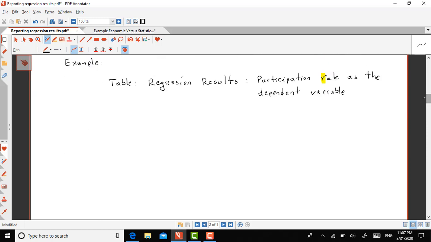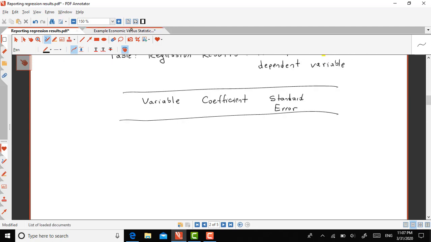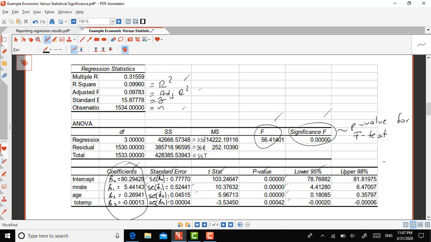That was our equation. And then our table with three columns: variable, coefficient, and standard error. Those three names always have to be in the table. They're not going to change. And then for a specific example, we have the intercept and the three variables.